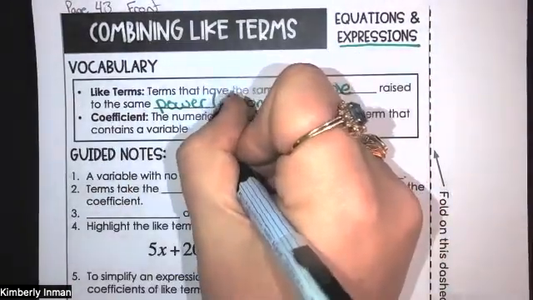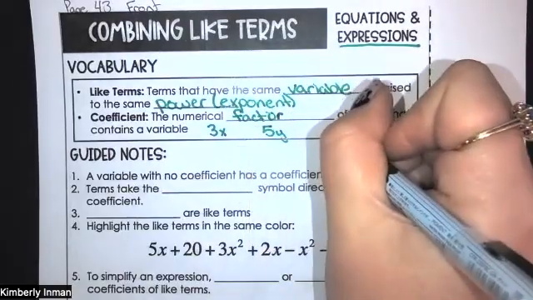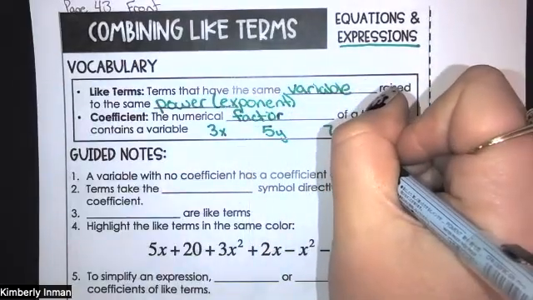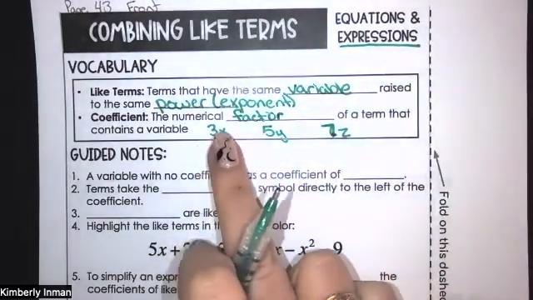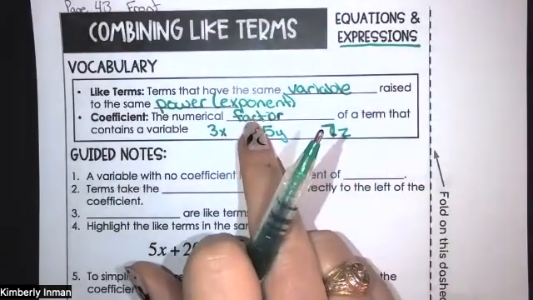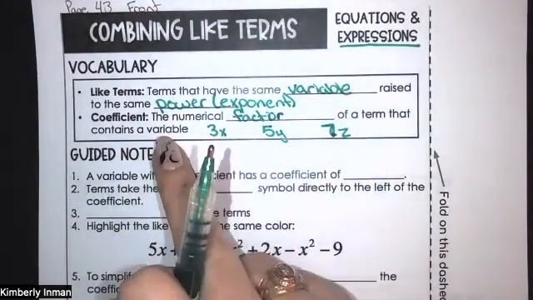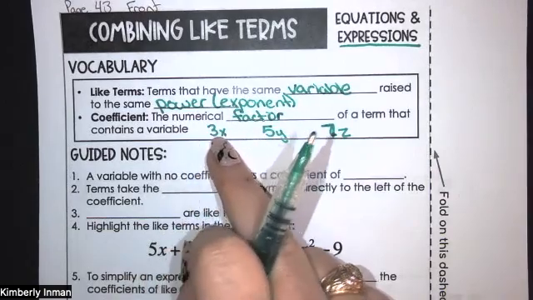So something like 3x, 5y, 7z. The number in front of the letter is the numerical factor of the term that contains a variable. And remember that this is the same thing as 3 times x.